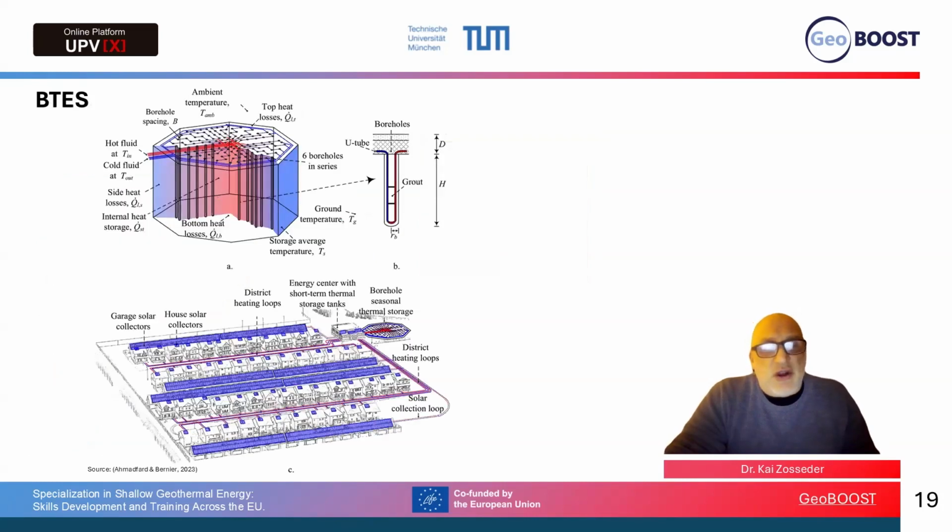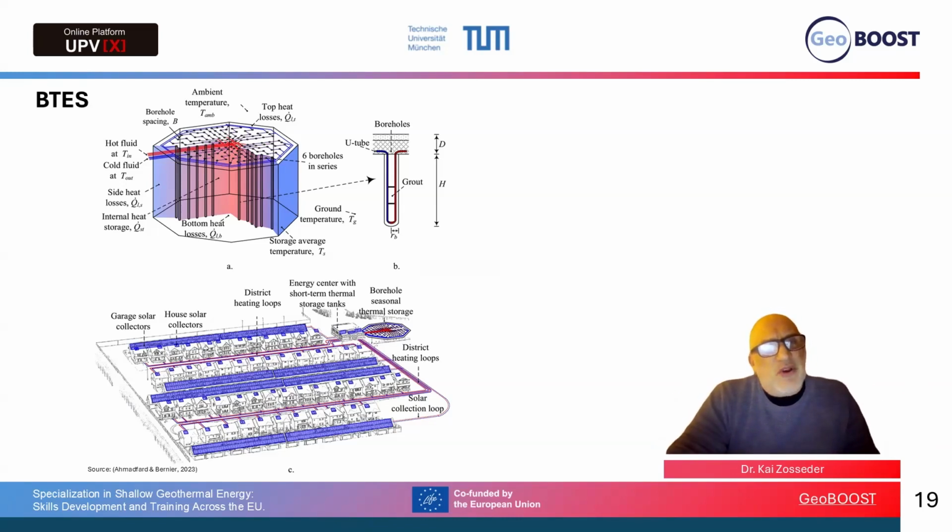Here you see a lot more. This is one example where we have a solar park, a lot of solar panels installed, and they produce heat in summertime. This is stored in such a borehole seasonal thermal storage, and then you can use that for heating the house in wintertime. Such a borehole thermal energy storage has to have a specific design.